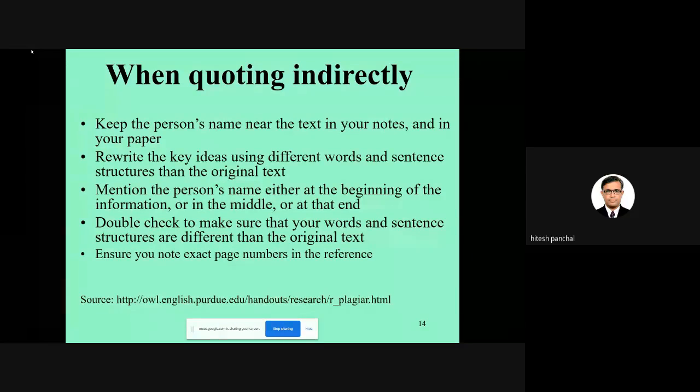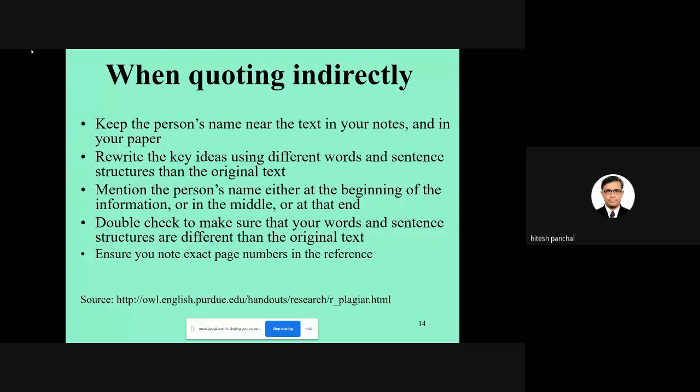Here it is written: double check to make sure that your words and sentence structures are totally different from the original text. Whenever you quote indirectly, your words and sentence structures must be different from the original text. And the last thing is very important, otherwise it will create a problem.